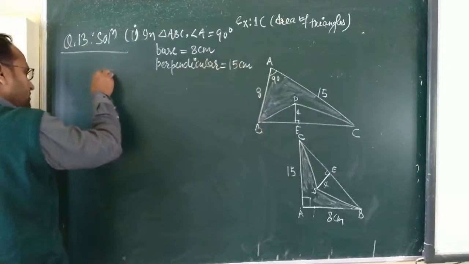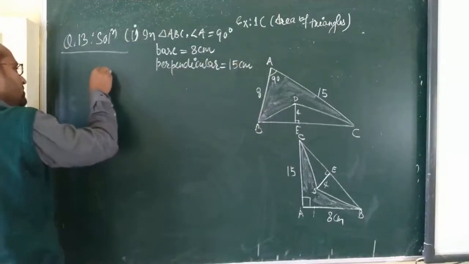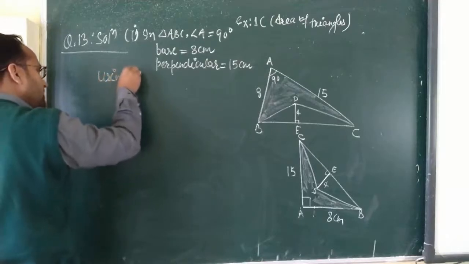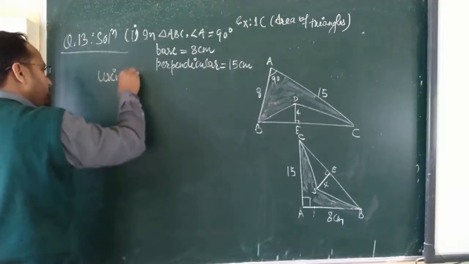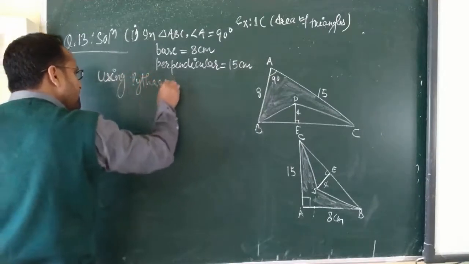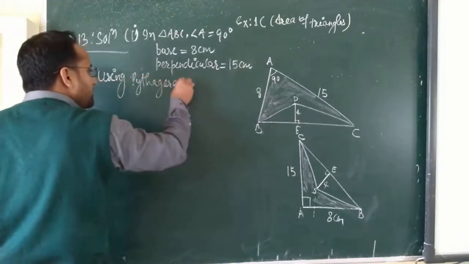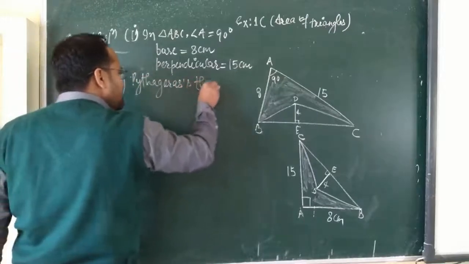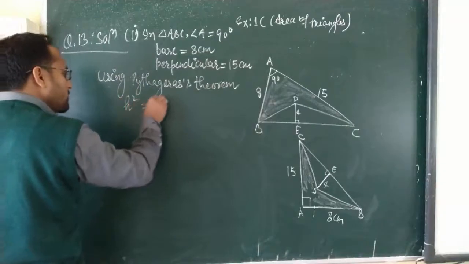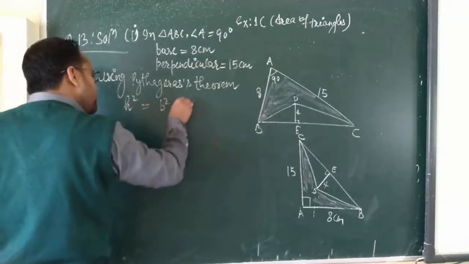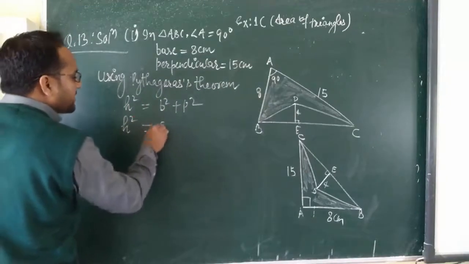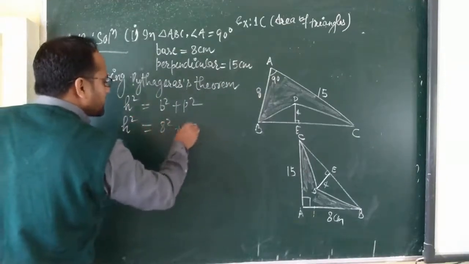So by using Pythagoras theorem, hypotenuse square is equal to base square plus perpendicular square. So hypotenuse square is equal to base square, 8 square, plus 15 square.